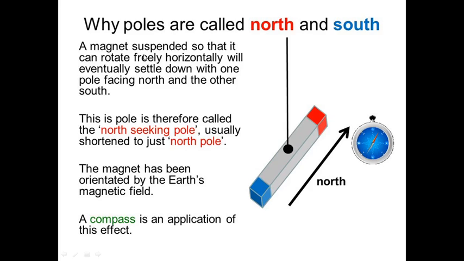So see, the reason I have given is why poles are called north and south. A magnet suspended so that it can rotate freely horizontally will eventually settle down with one pole facing north and the other south. Okay, so one is a north pole and one is a south pole. So that magnet has been oriented by the earth's magnetic field.